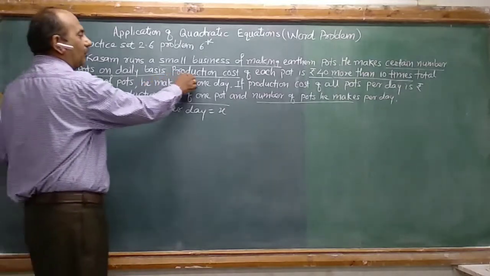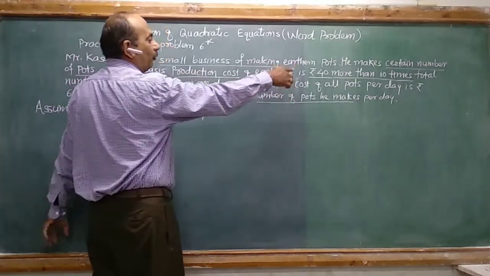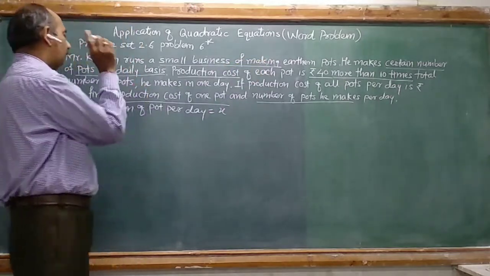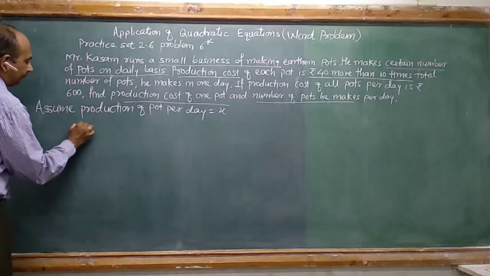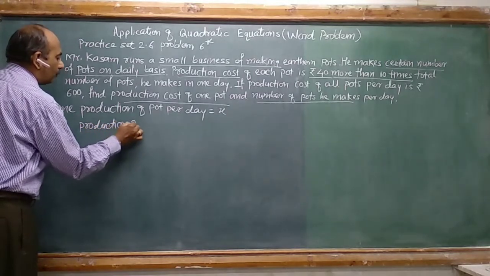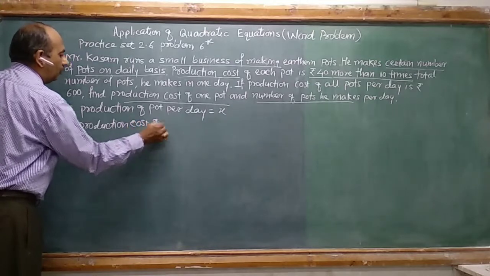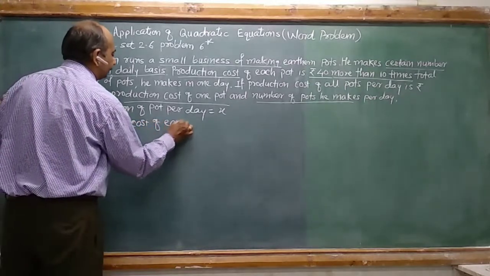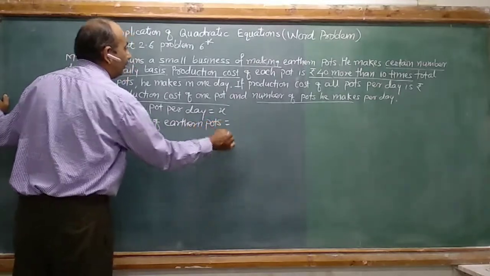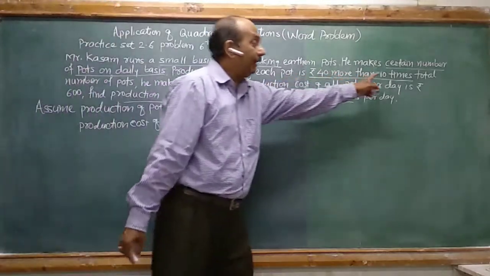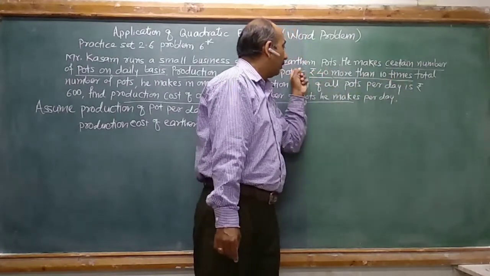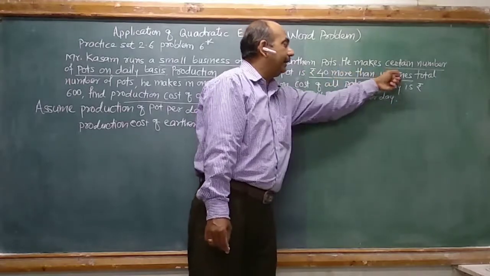The production cost of each pot is 40 more than 10 times the total number of pots. So the production cost of an earthen pot is equal to, it is 40 more than 10 times.